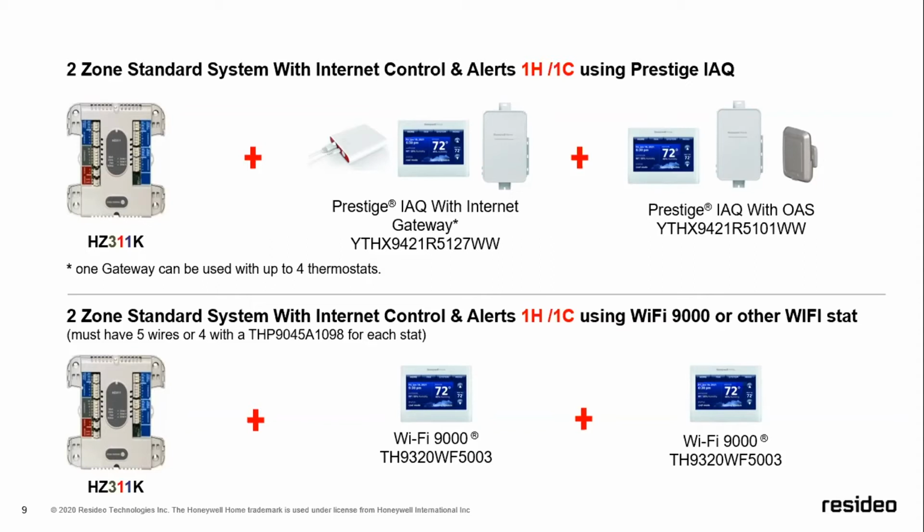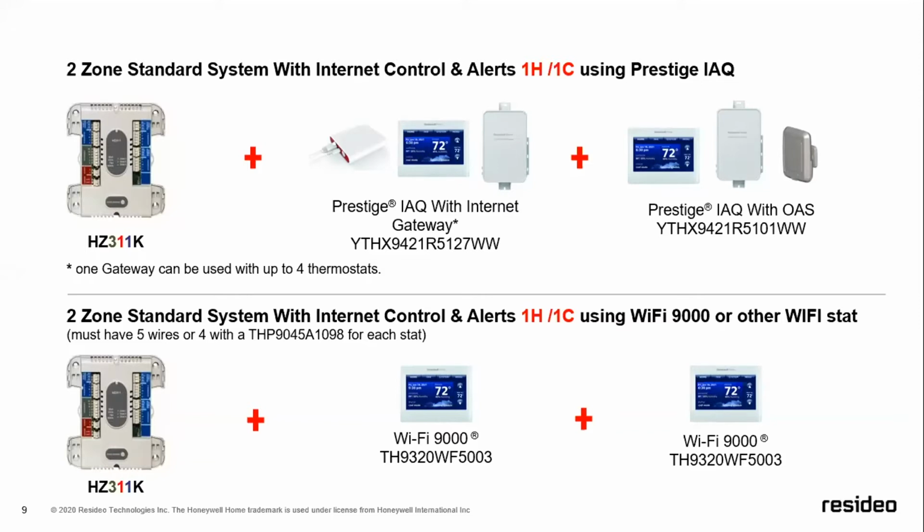Okay, and if you were to get another Prestige IEQ kit, the one that ends numerically with 5101, then that particular one includes an outdoor temperature sensor. And you're going to be able to get that outdoor temperature sensor, and in the earlier kit, that internet gateway, at a far less out-of-pocket cost than if you'd bought the components individually. So just kind of keep that in mind.